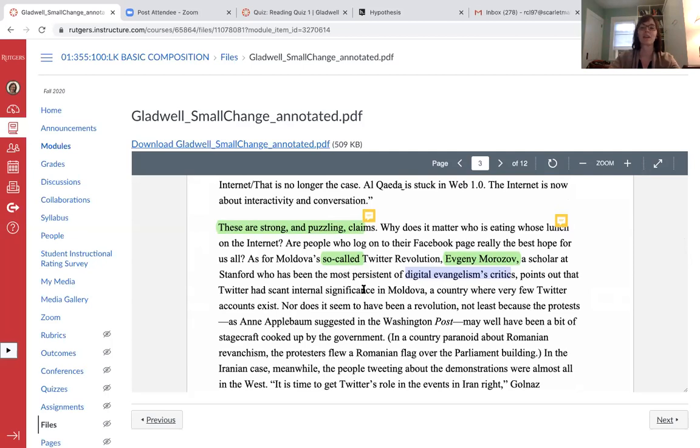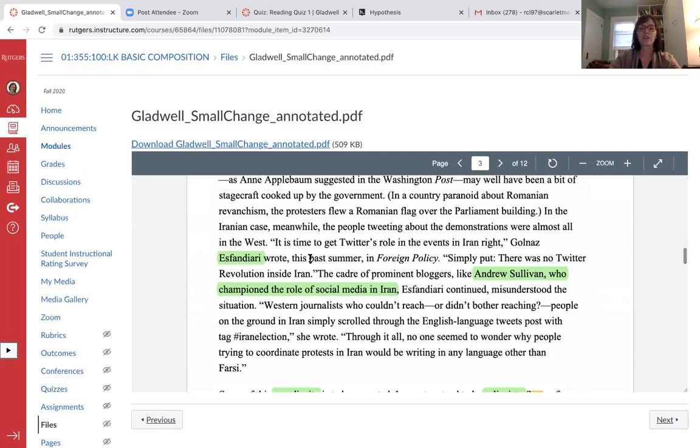People misinterpreted that. Later in the paragraph, Golnaz Esfandiari would be, like Morozov, a critic, saying it's time to get Twitter's role right in what happened. So this wasn't a Twitter revolution.